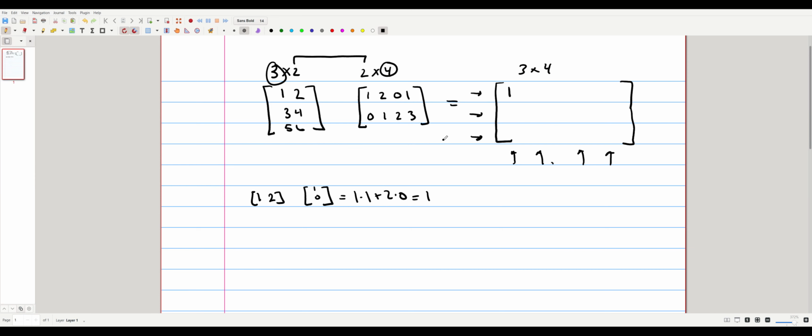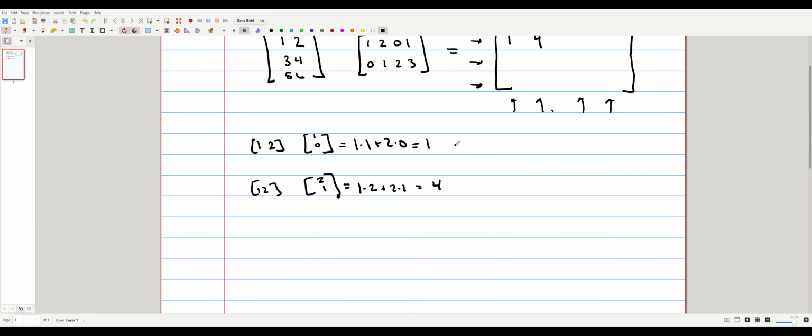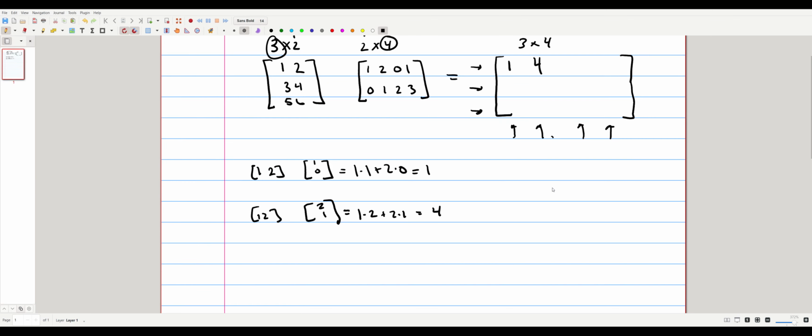Now we're trying to fill out what goes in the first row, second column. So we take the first row and the second column, and we do the same thing. So 1 times 2 plus 2 times 1, which is 4. So that's what goes here. Okay, now we're trying to see what goes in the first row, third column. The third column is 0, 2.